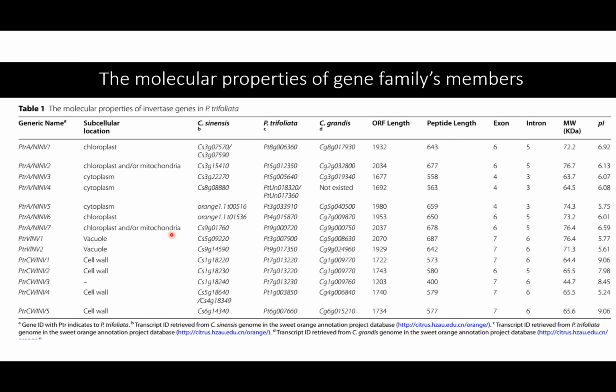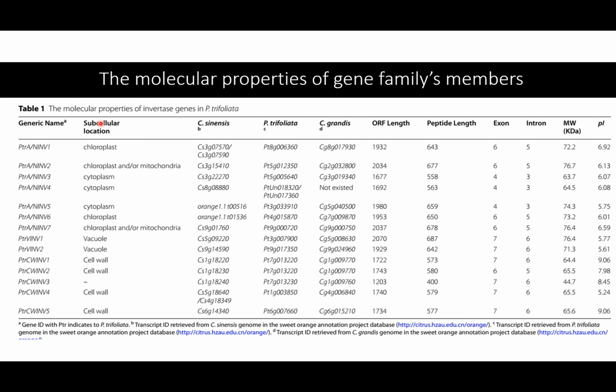In the genome-wide gene family identification, the first result normally is a table that includes the molecular properties of the gene family members. Normally, this table consists of the generic name, so you can mention the name based on other references, or maybe you can give the name by yourself.